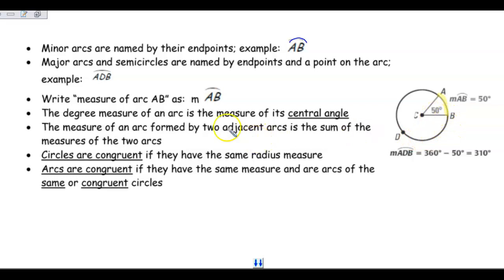And this is a major arc, and it will always have three variables determining what this arc location is. The degree of measure of an arc is the measure of its central angle. So when I look at this one, I see that the measure of this central angle is 50 degrees, and that means that the measure of this arc is 50 degrees.